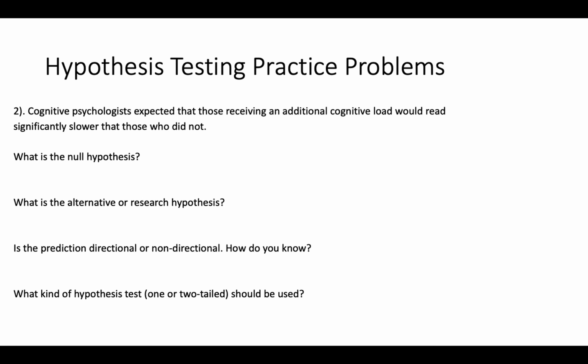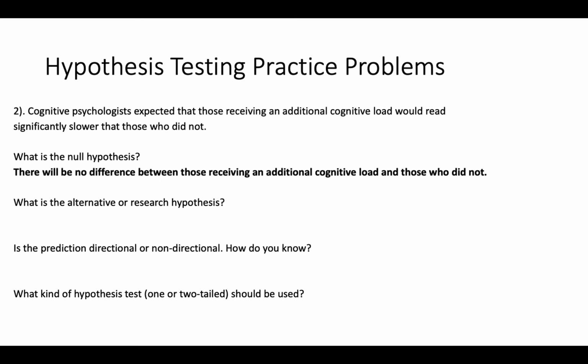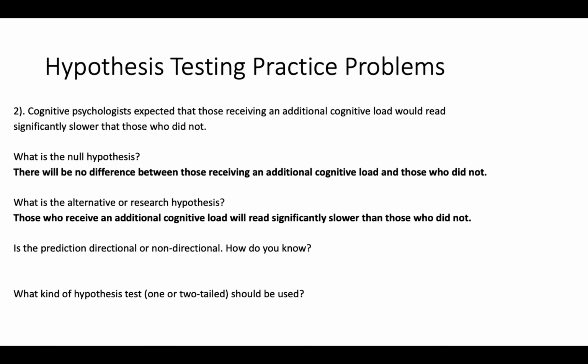Cognitive psychologists expected that those receiving an additional cognitive load would read significantly slower than those who did not. What is our null hypothesis? There will be no difference between those receiving an additional cognitive load and those who did not. Our research hypothesis, or our alternative hypothesis, is those who receive an additional cognitive load will read significantly slower than those who did not.